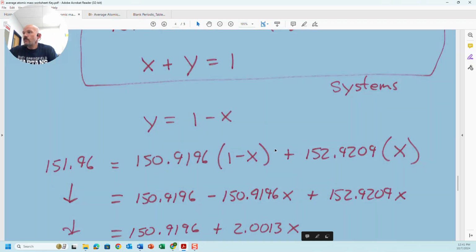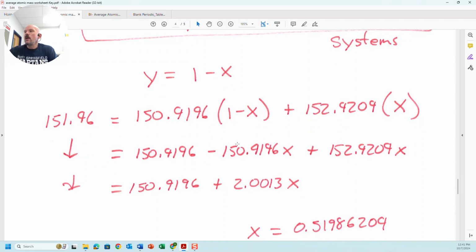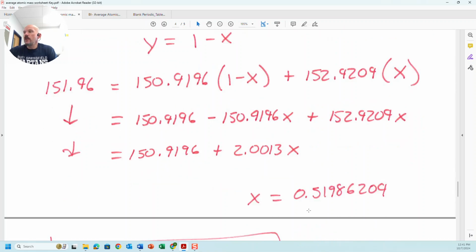Okay. So you got to do the math, you got to combine like terms, all that stuff, right? A lot can go wrong. But the way I have it set up here, you should end up with X comes out to be 0.51986209, okay? Now remember, those were percentages in decimal form. We have to report the actual percentages. So how do I turn it back to a percent?